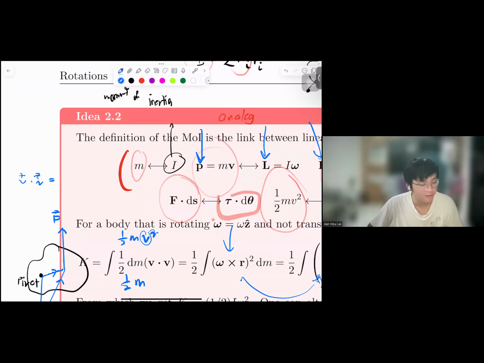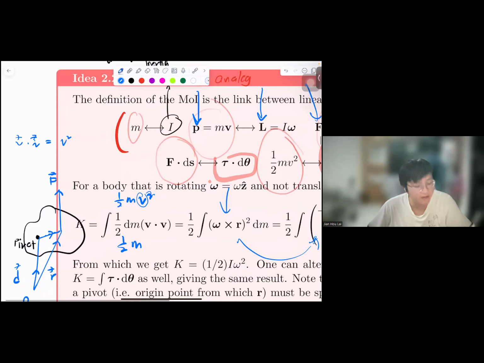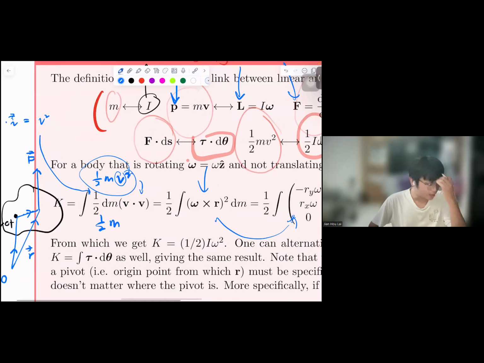That's why it is defined this way. From the magnitude form of the kinetic energy, we define the vector form, so that we can apply our equation to it.